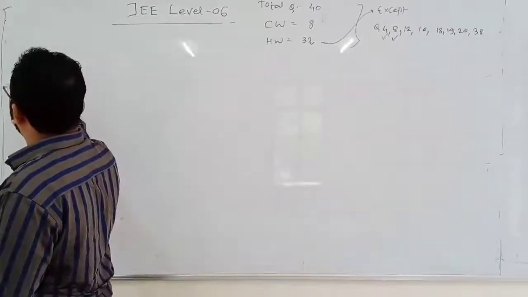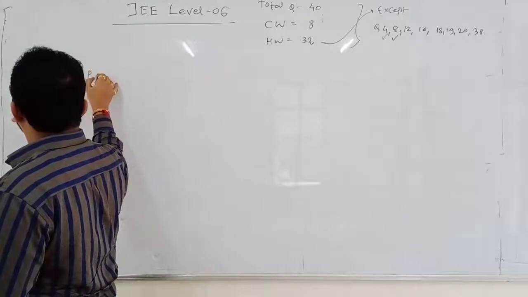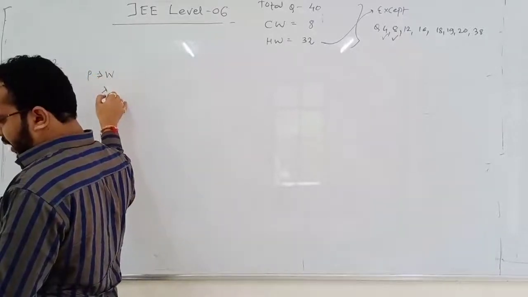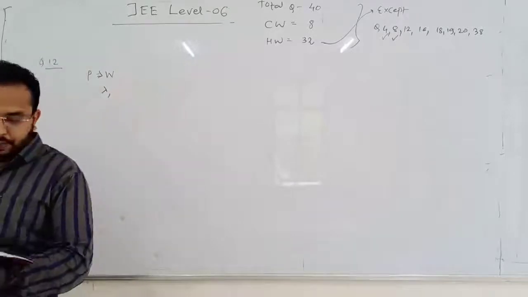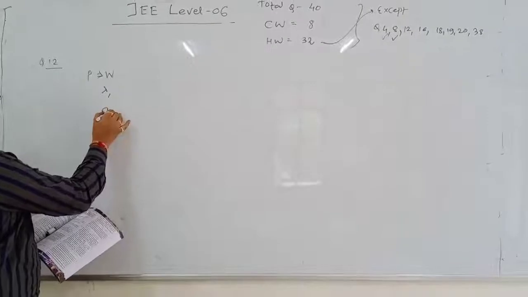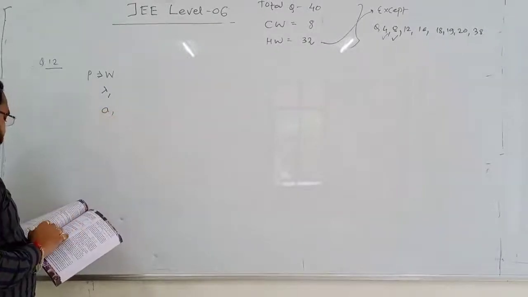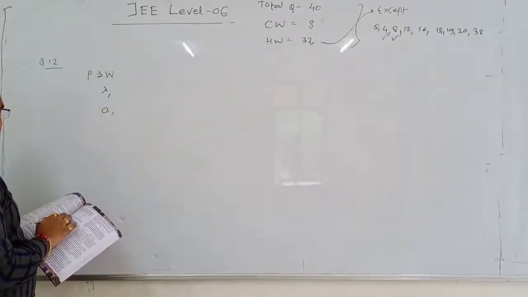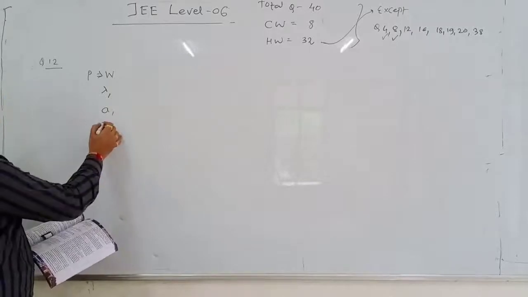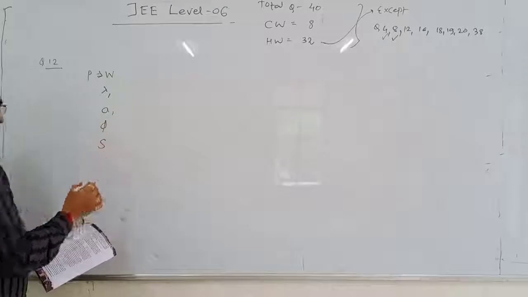So question number 12: the power of the source is W, wavelength lambda, which is kept at a distance a from a small photosensitive surface of work function phi and area s.